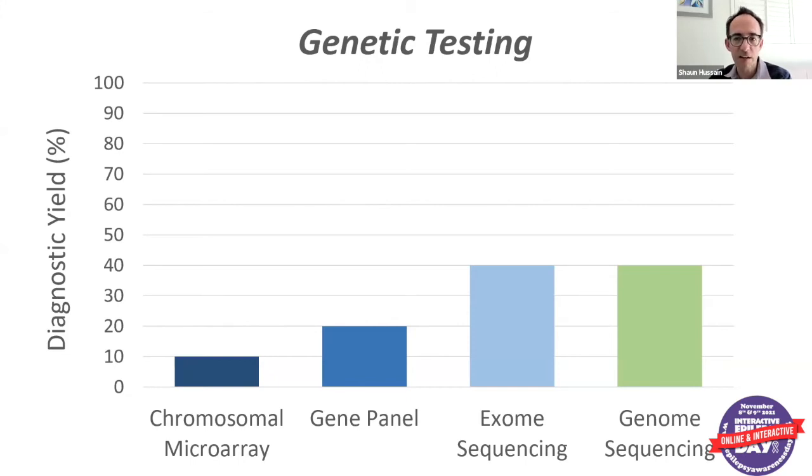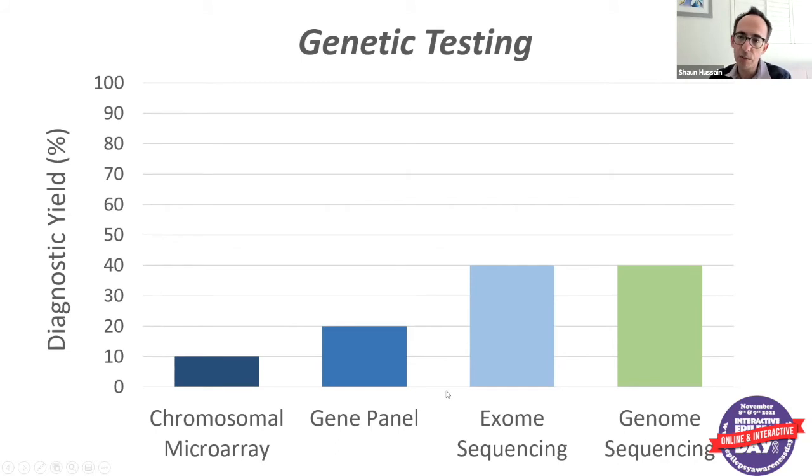So especially non-inherited disorders. And that's where this big yield comes. So it's about twice the yield of a gene panel, but much more time consuming, much more expensive. Whereas the gene panel is essentially free for patients in the United States, exome sequencing is more like several thousand to 10,000 per patient.